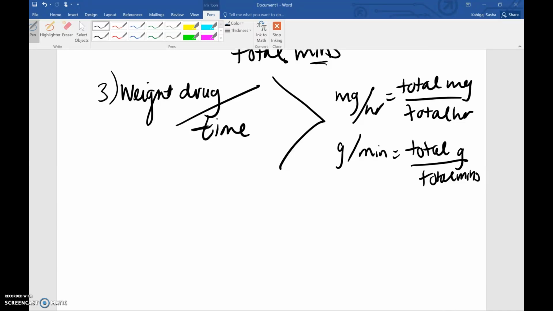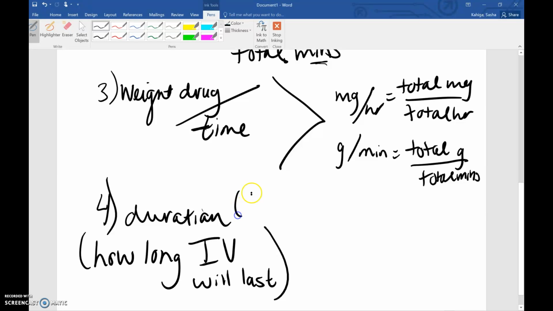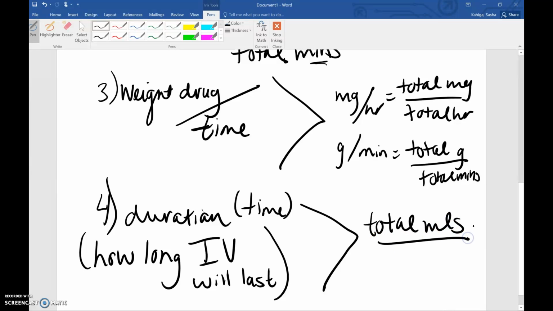There's going to be times where they want to know the duration, which means how long an IV will last. So that means they want time. So I'm going to put in parentheses time here. Well, that can be solved by taking the total amount of milliliters the patient is receiving over the flow rate of milliliter per hour.